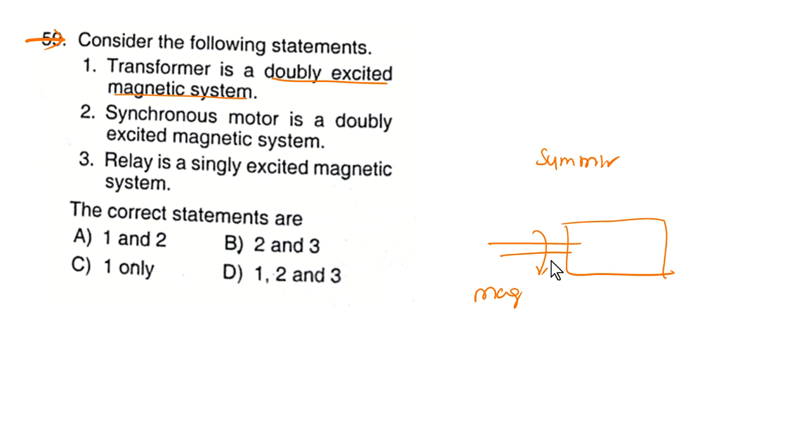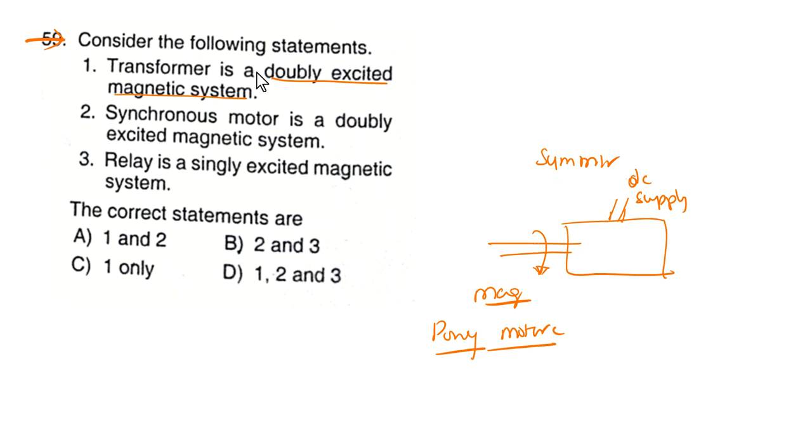To make the motor run in synchronism we are using some extra machines, for example a pony motor, to start the synchronous motor. Along with the synchronous motor supply we are using a DC supply. Excitation means DC supply you are using. So the DC supply as well as the pony motor supply are used to make the machine start running.